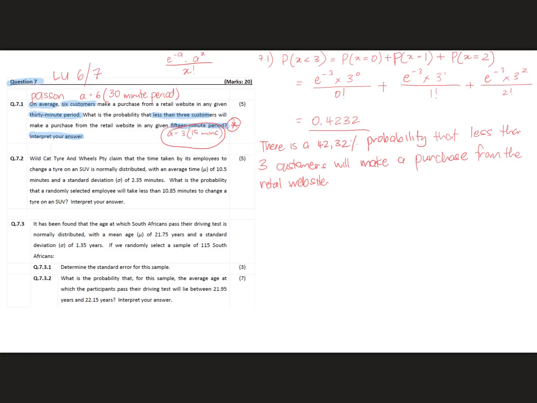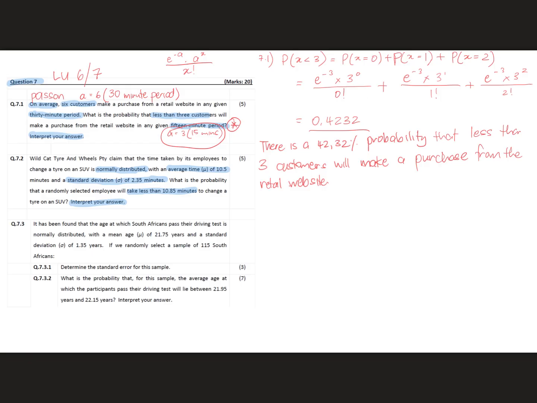So immediately from this, always when it comes to it being a normal distribution, they have given you the population average of 10.5 and they've given you the population standard deviation here, which again you can see from the symbol is 2.35. Then they said, what is the probability that a randomly selected employee will take less than 10.85 minutes to change a tire on an SUV, and interpret your answer?